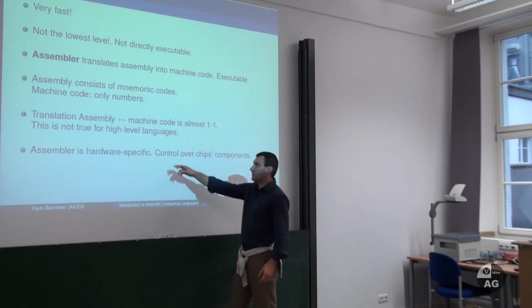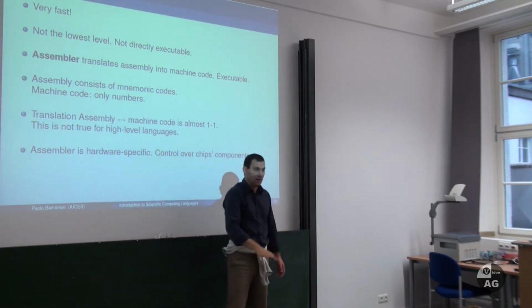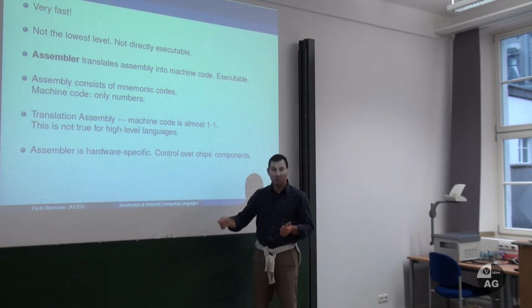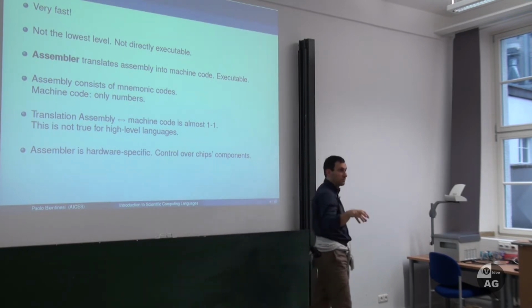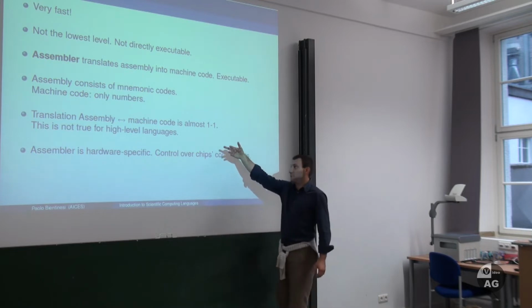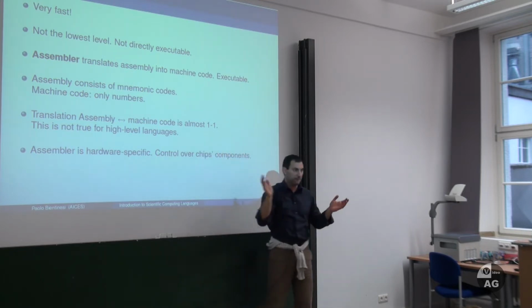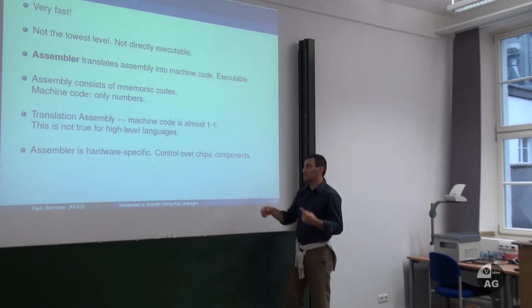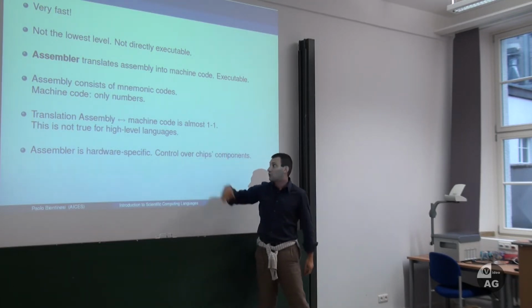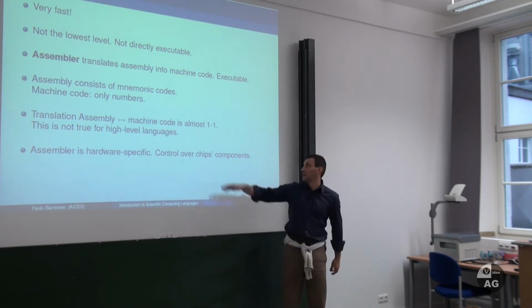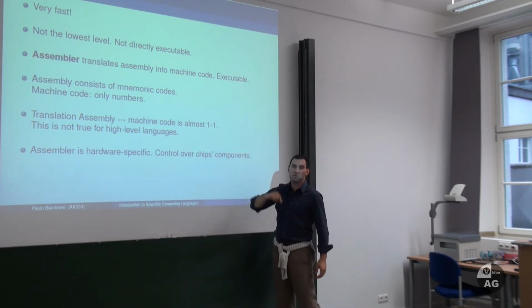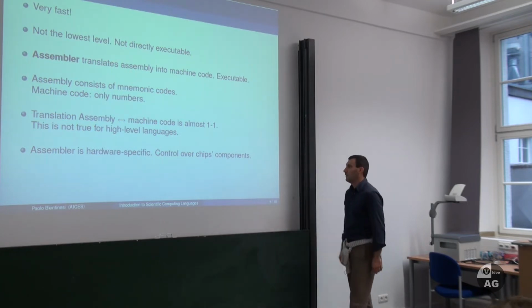But the important thing is that the assembly is so low level that almost every instruction translates directly to an operation on the processor. In a high-level language, like some languages that you know, it's absolutely not like that. One single instruction of a high-level language corresponds to many, many moves at the machine code level.